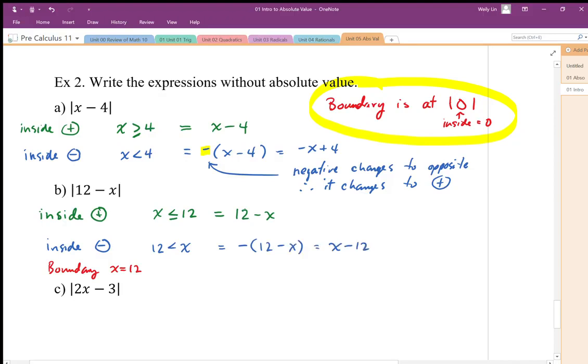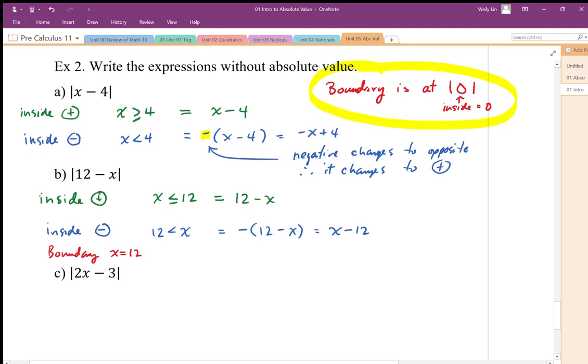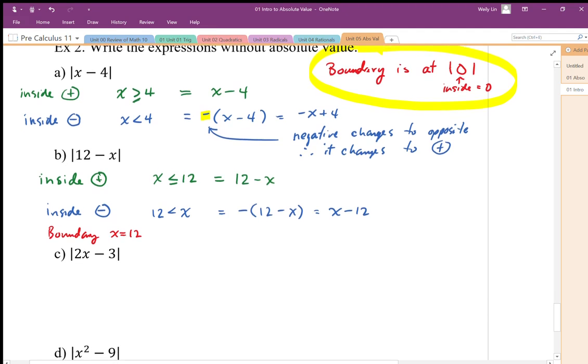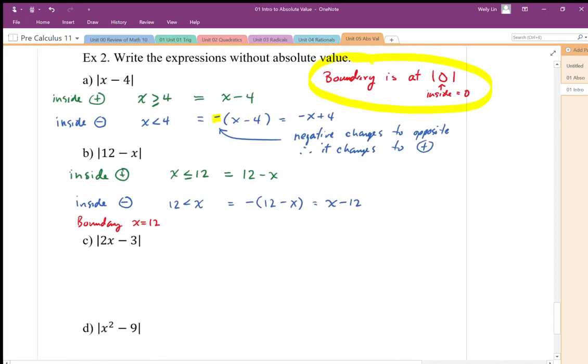So it's going to behave like 12 minus x as long as x is small enough; it's just going to stay positive. Once x gets too big, we're going to have a negative, so we have to flip it and use the opposite, which is x minus 12. So there it is. This is the key: we need to find the boundary. The boundary really is the key.